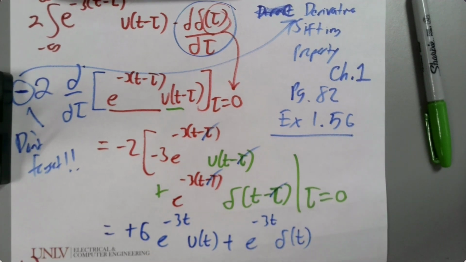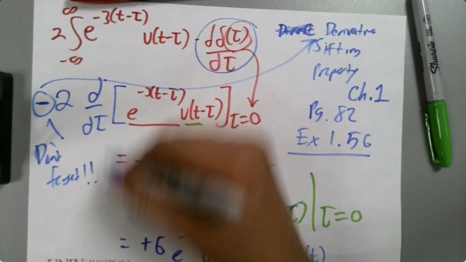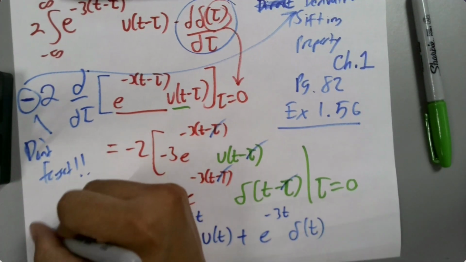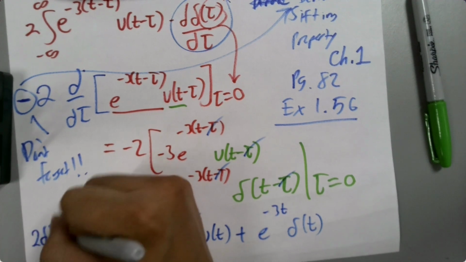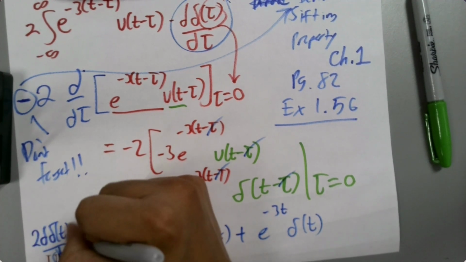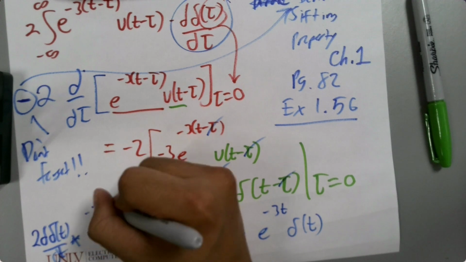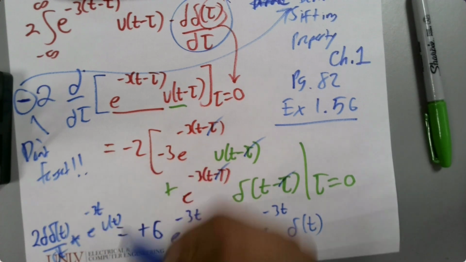Got it? This right here is for that convolution, which is equal to 2 delta(t) convolved with e to the minus 3t u of t. Okay, that's that part. And now for the finale.